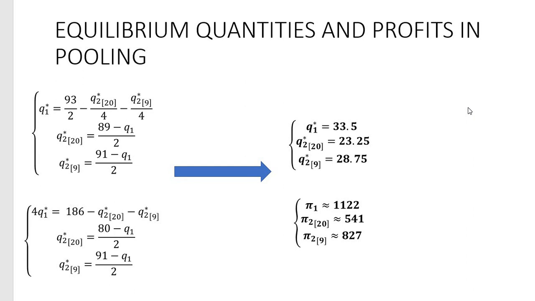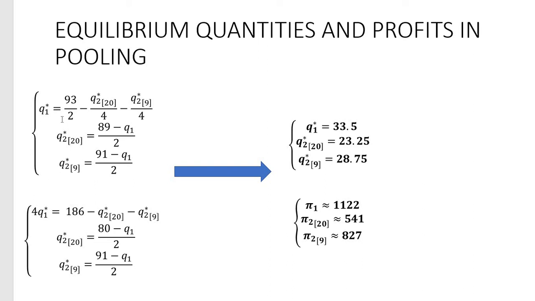So, optimal quantity produced by the first firm, depending on the response of the second firm, depending on marginal cost of the second firm, the best response function of the second firm if MC2 is equal to 20, and the best response function of the second firm if MC2 is equal to 9. So again, a system of three equations because there are three states of the world. The second firm knows for sure whether its marginal cost is 9 or 20, but the first firm doesn't.